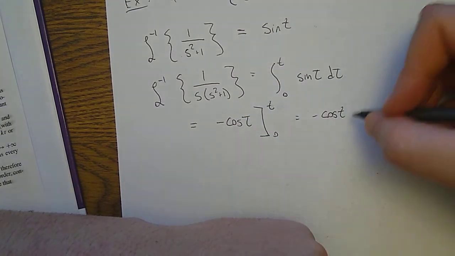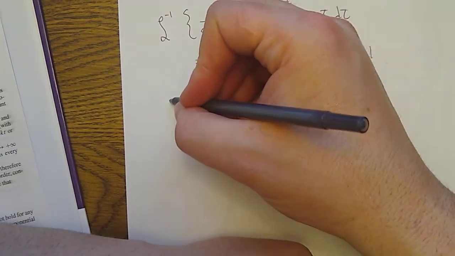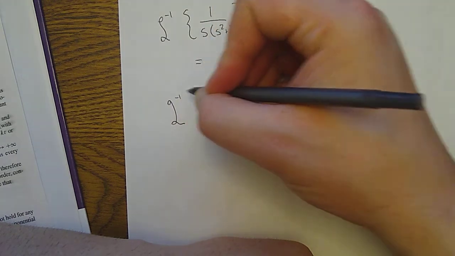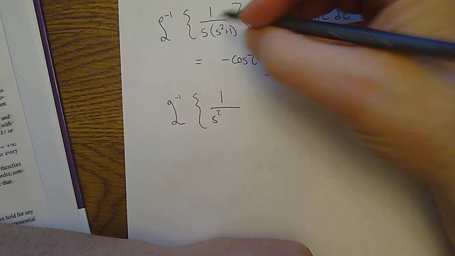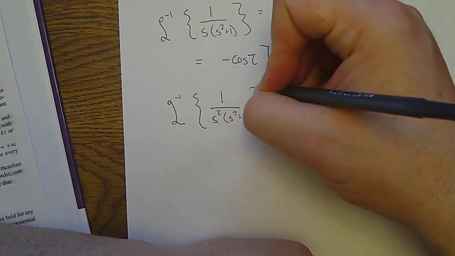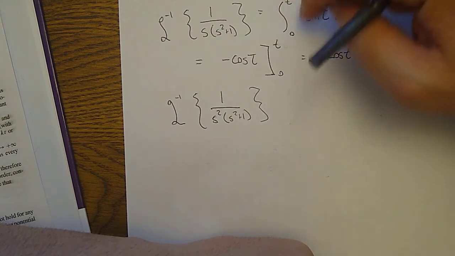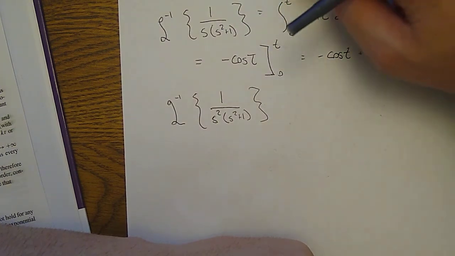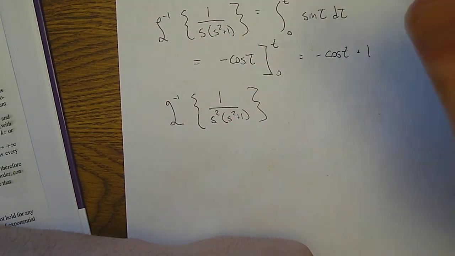Cosine of 0 is 1, so plus 1. And now, like I said, I'm just going to do it again. I can put another s in the denominator. And if you see what I'm doing, every time, to get from here to here, I did the integral from 0 to t of this. Now to get from here to here, I'm going to do the integral from 0 to t of this.